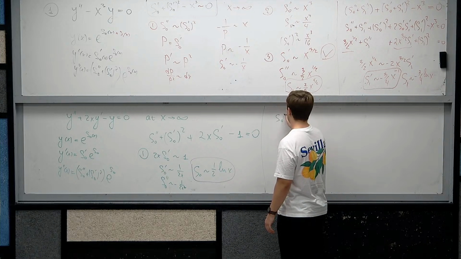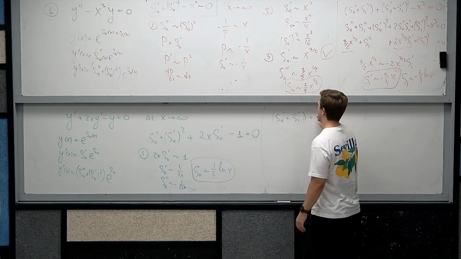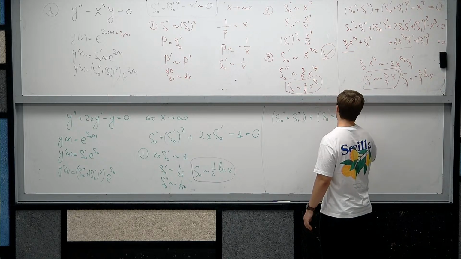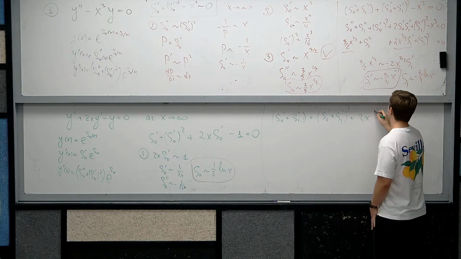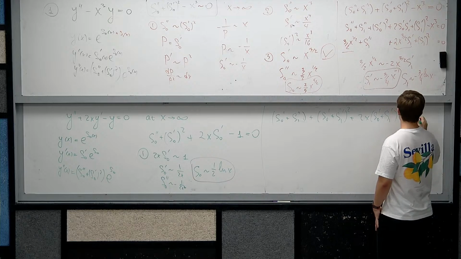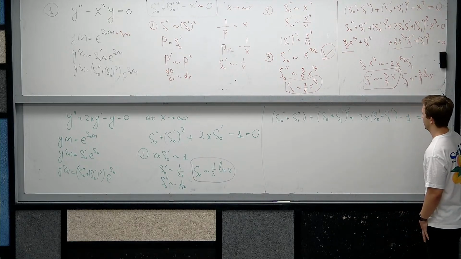So S0 double prime plus S1 double prime plus S0 prime plus S1 prime plus 2x S0 prime S1 prime minus 1. All of this equals 0. Okay.